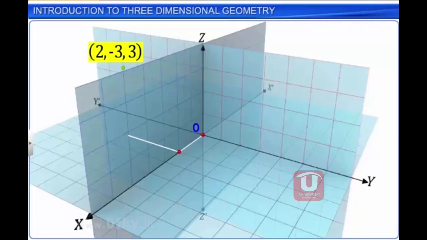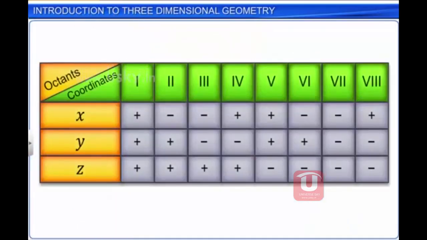We mark a point there. For the z-coordinate, that is 3, we measure 3 units from the point perpendicular to the xy plane. We can notice that the point lies in the 4th octant. The table shown here gives the details of the octant according to the signs of the coordinates of a given point.